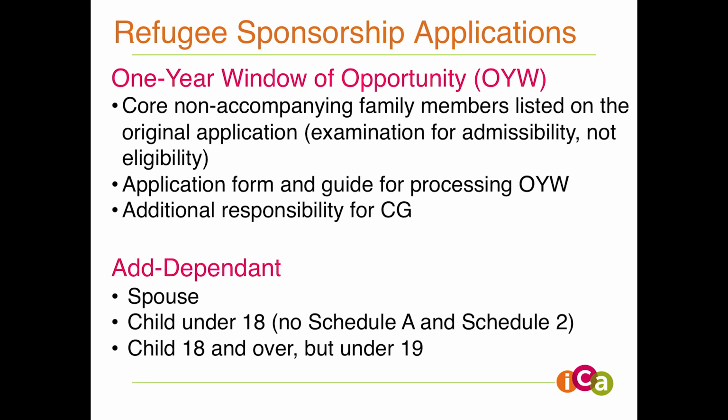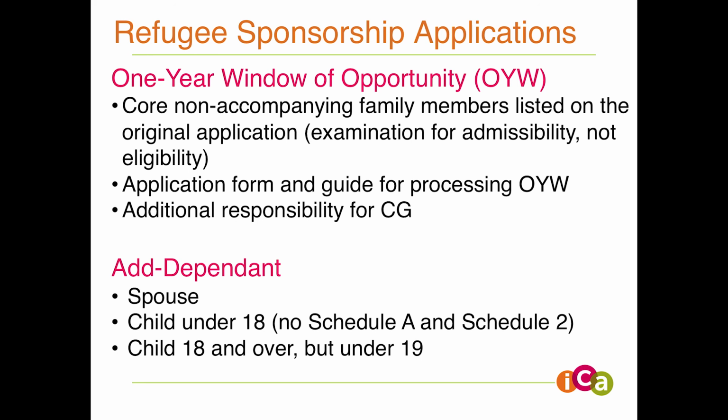So the add dependent issue is basically where, somewhere in the course of the process of sponsorship, a new dependent shows up, okay? So you can still then put that person on the application without there being any kind of punishment or the government saying, well, no, now you can't, right?